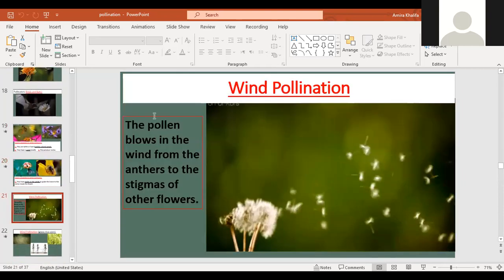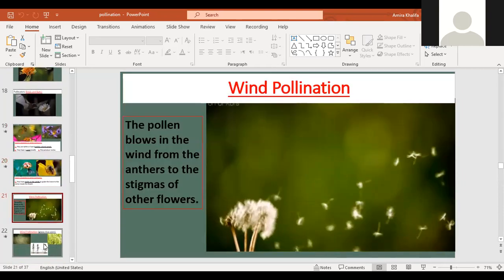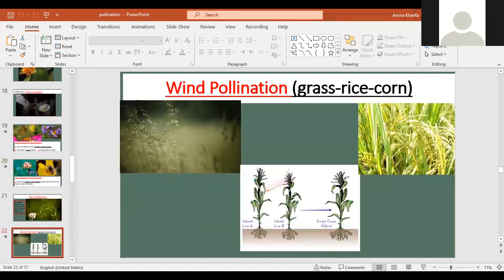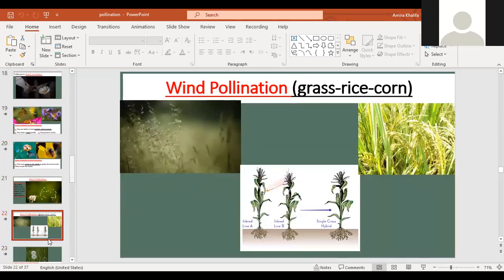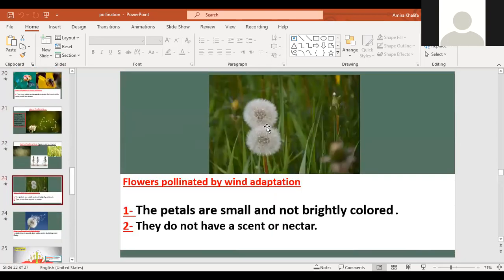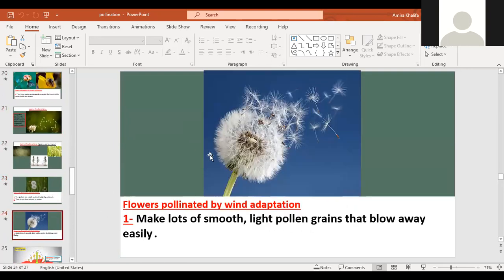We also talked about wind pollination, which happens in special kinds of plants like grass, rice, and corn. The flowers here are small, not bright, and the pollen grains are very small, smooth, and light, so they can be easily carried by the wind to another place.